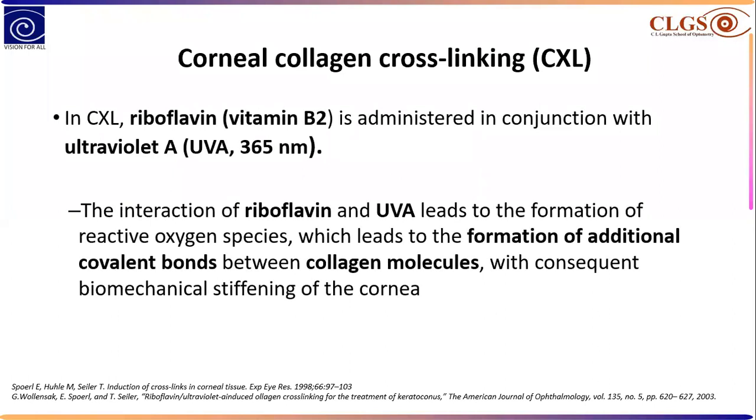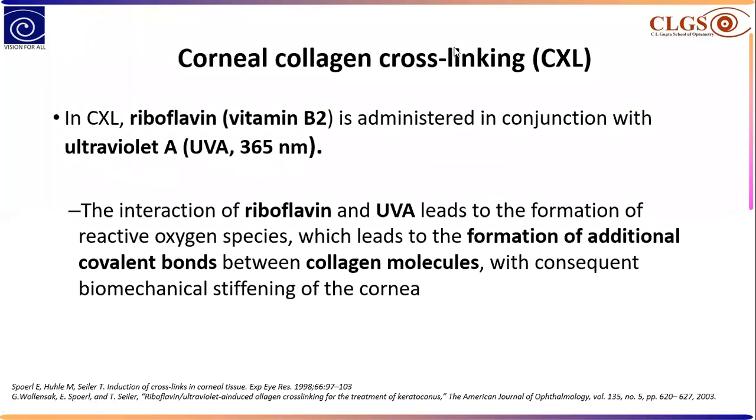So what we do in C3R, or corneal collagen cross-linking, also written as CXL, is use riboflavin, which is basically vitamin B2. It is administered in conjunction with ultraviolet radiation. Ultraviolet A, 365 nanometer, is the wavelength.